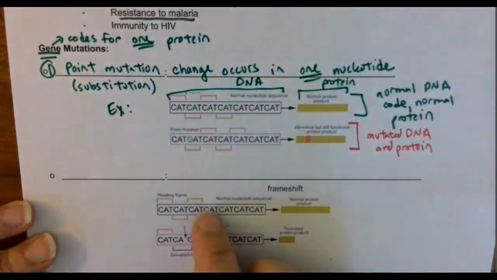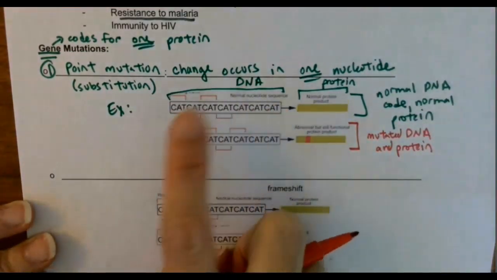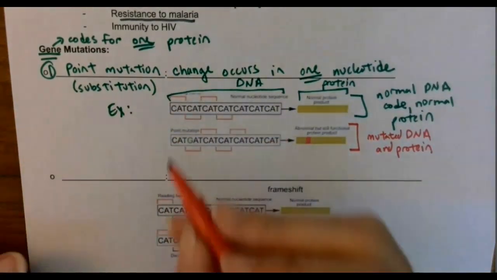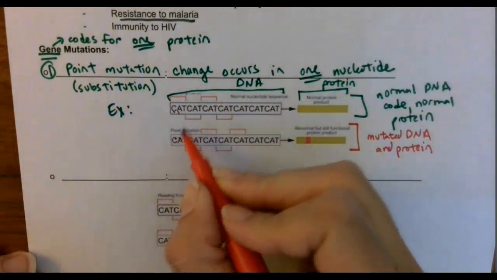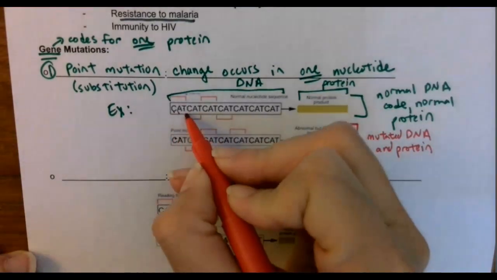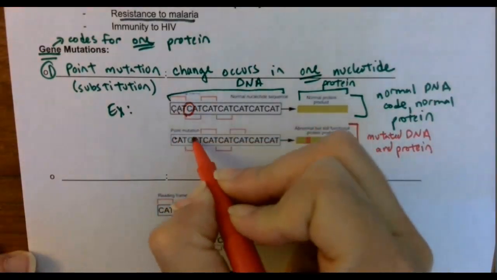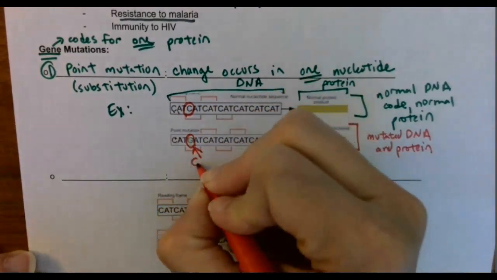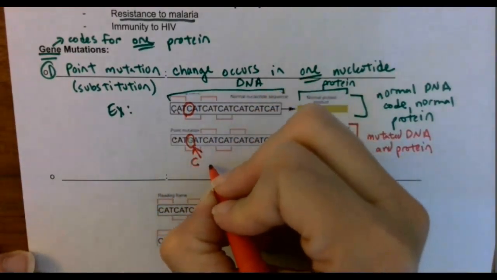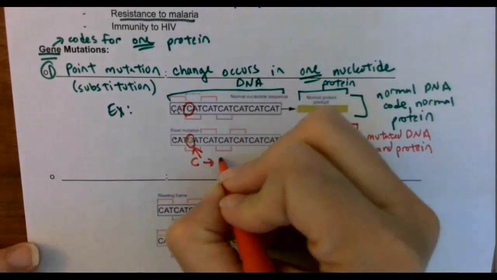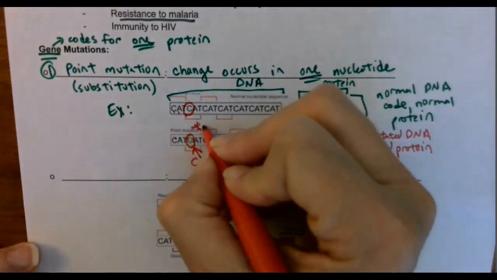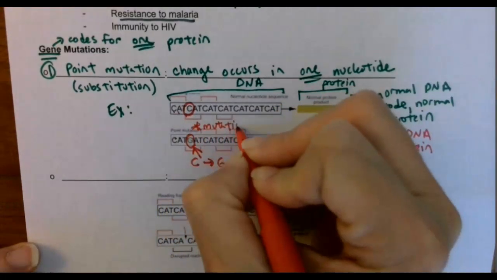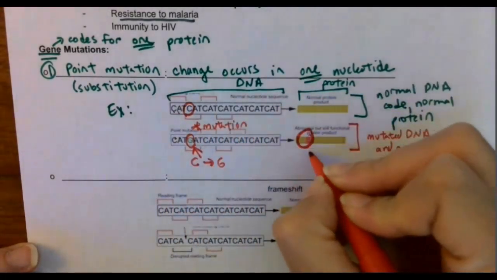If we compare the normal DNA to the mutated DNA, this is the same, this is the same, this is the same. Oh, look, here it's a C nucleotide and here it's a G nucleotide. So a C has been traded for a G. This is a mutation, and this affects your protein.